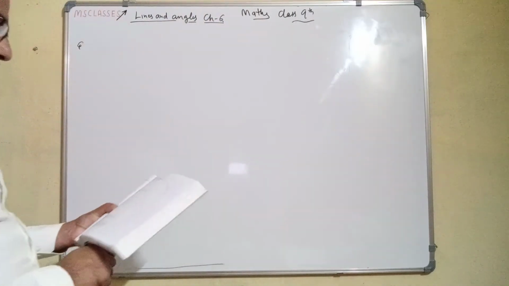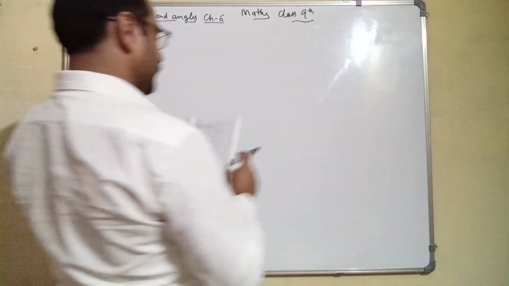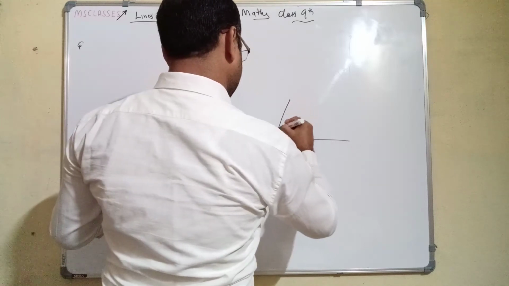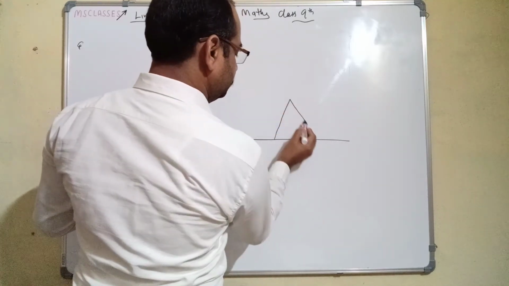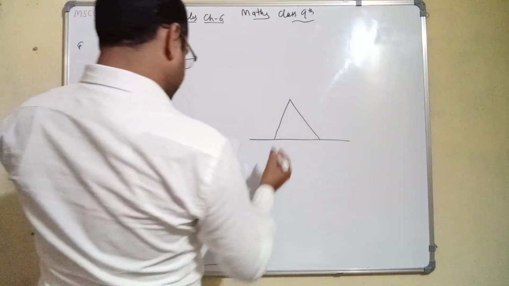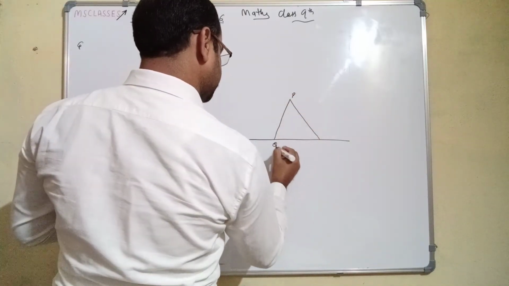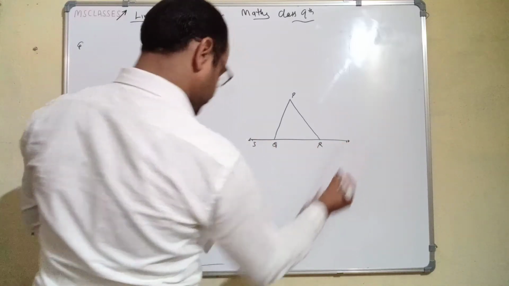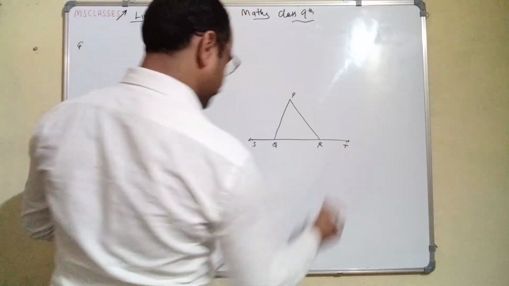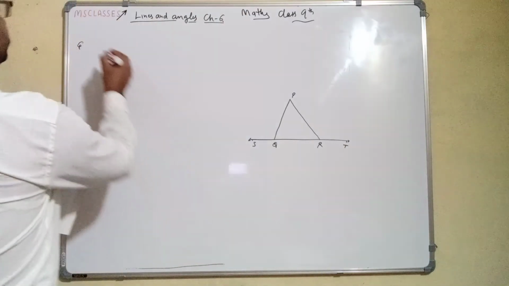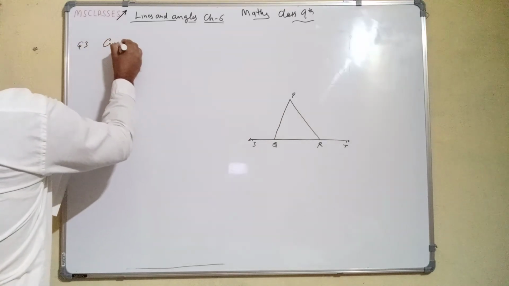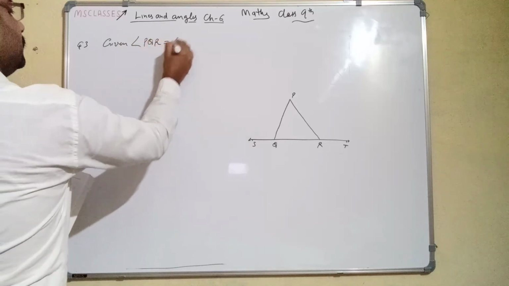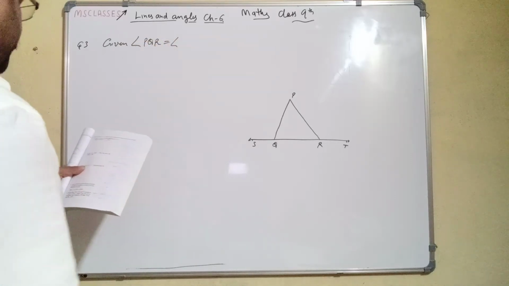Now, guys, your next question is question number third. Here question number third is given a diagram 6.15. On this you have a triangle. Let this be PQR, and this point is S and this point is T. You have given question number 3: given angle PQR is equal to angle PRQ.